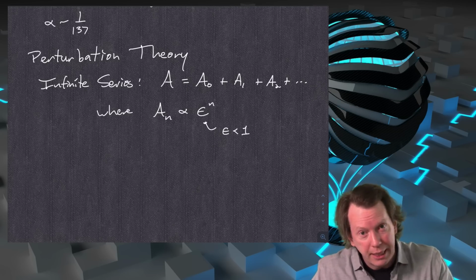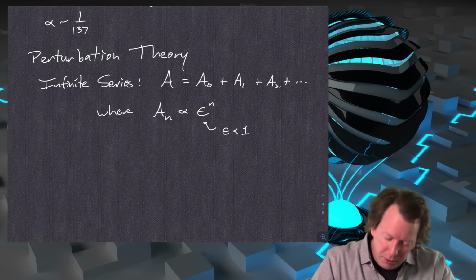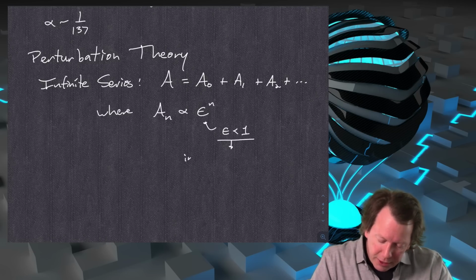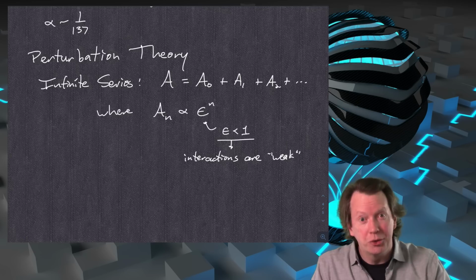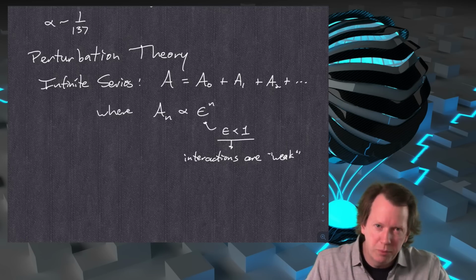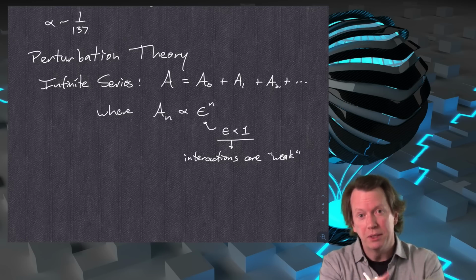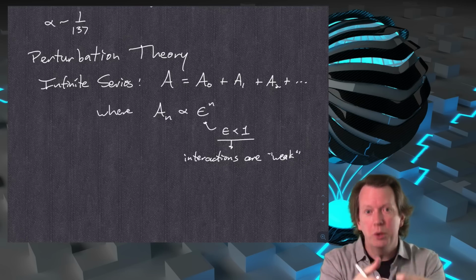Of course, the other thing that can happen is, this feature here, that you're a power series in a small number, means that your interactions are weak. And by weak, I mean not very strong. Physicists love to use the same words in different contexts to mean different things. So there is an interaction in particle physics that we'll talk about later called the weak nuclear force.